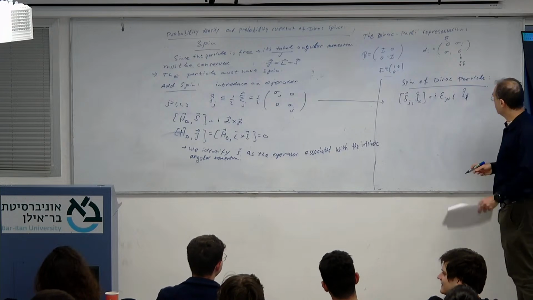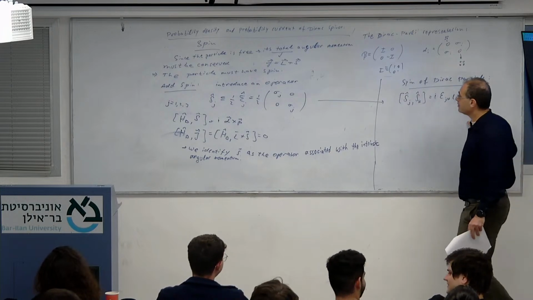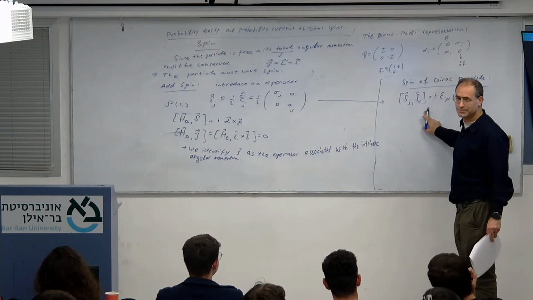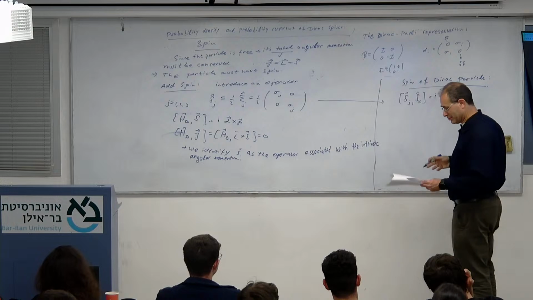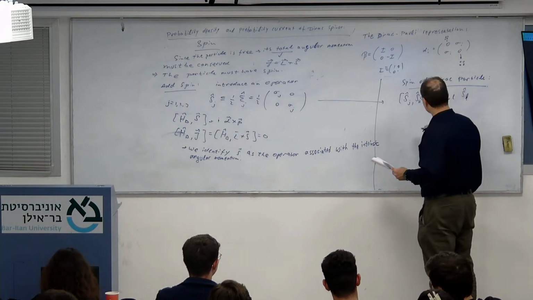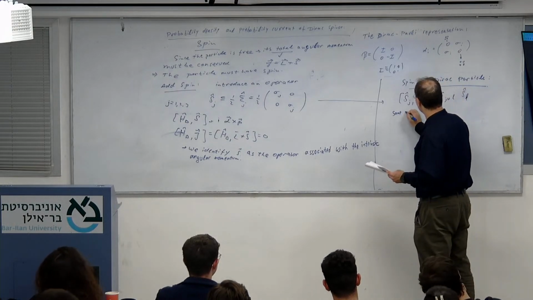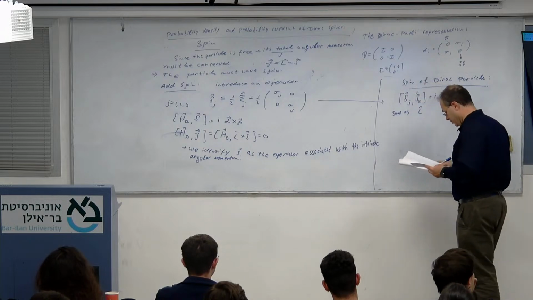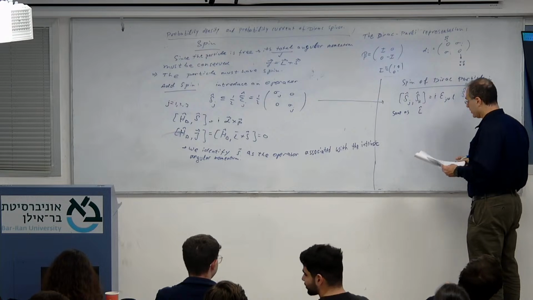Now, this is exactly the commutation relation obeyed by the orbital angular momentum. Right? So, same as L. Which means what?